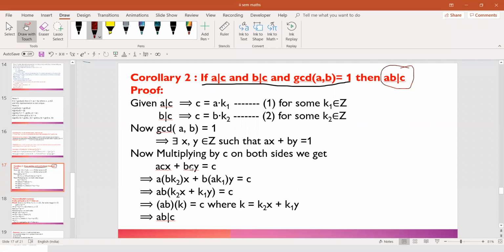Now for this C, you substitute from the second equation B into K2. For this C, you substitute from the first equation A into K1. Then you will get what? AB is a common factor. Take it outside. Now what is this bracket?